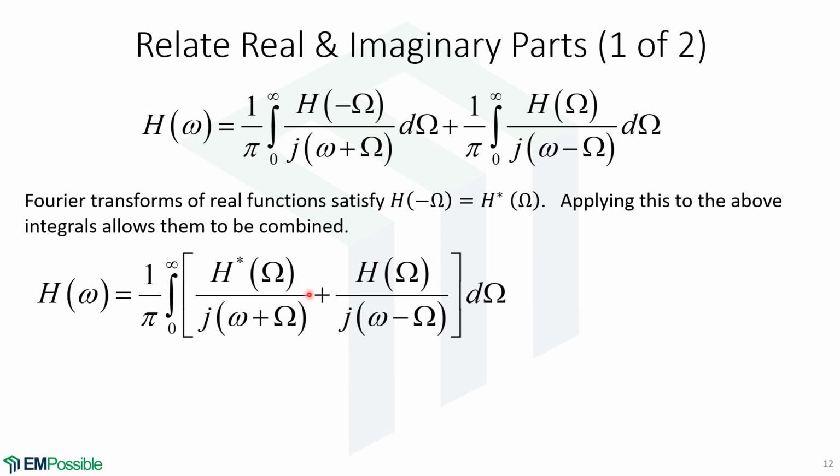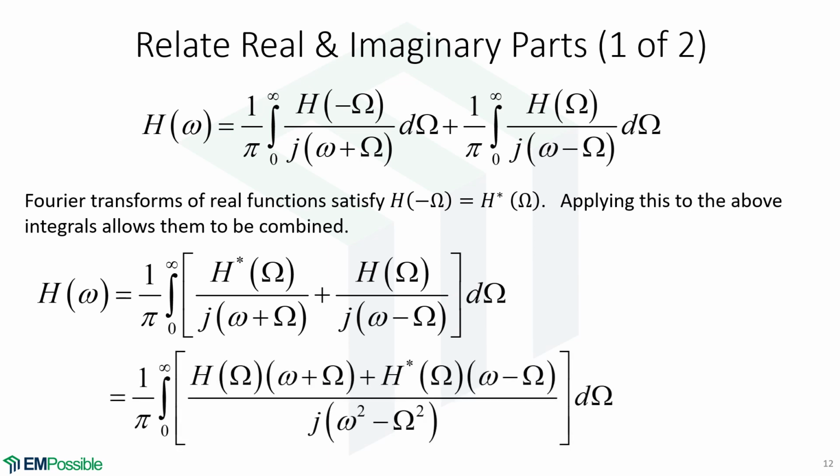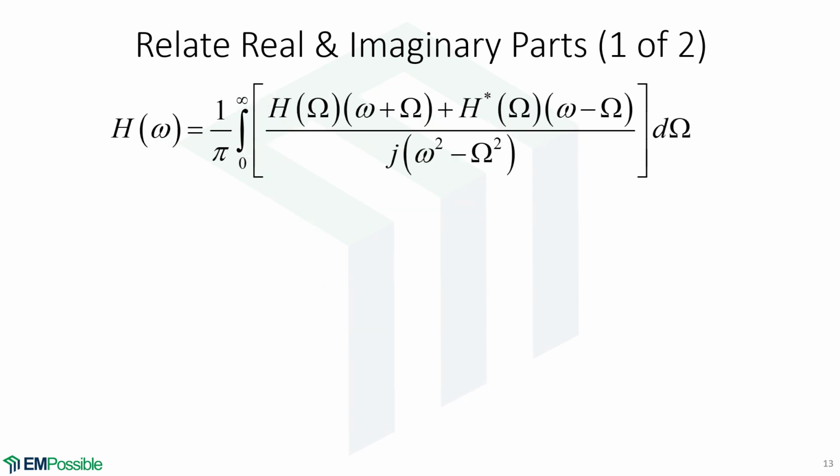So what we'll have to do is multiply this first term by little omega minus big omega divided by little omega minus big omega. We're going to take this expression and write that as a ratio that equals 1. We're going to multiply it out and combine everything, and after all that algebra, we end up here. So that's where we were on the previous slide.